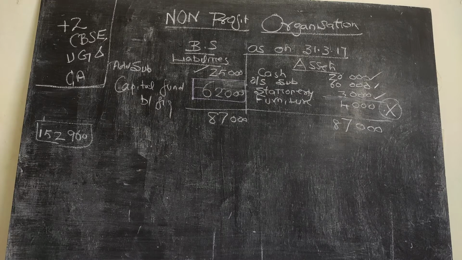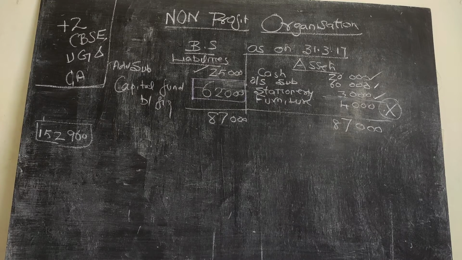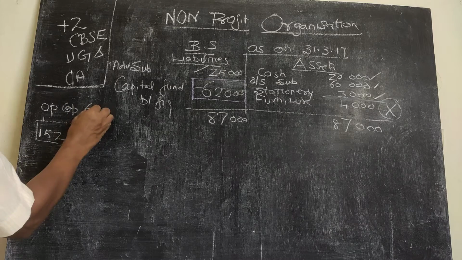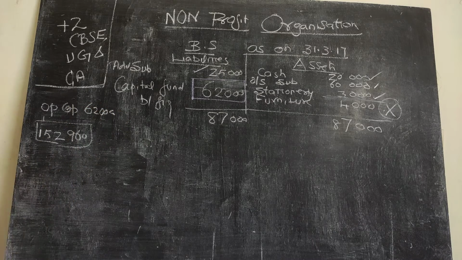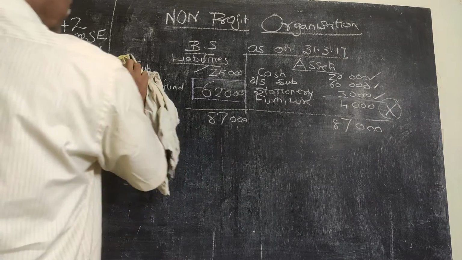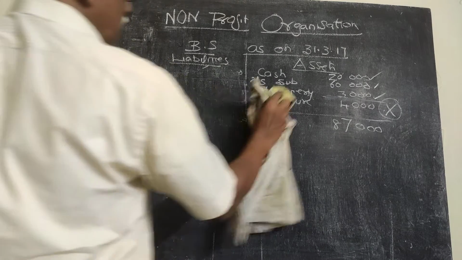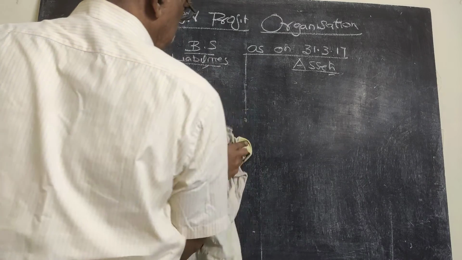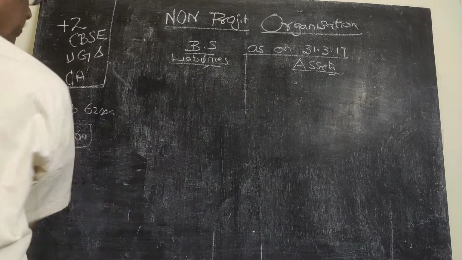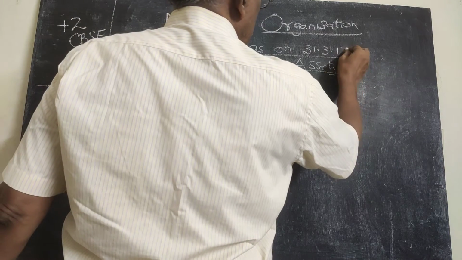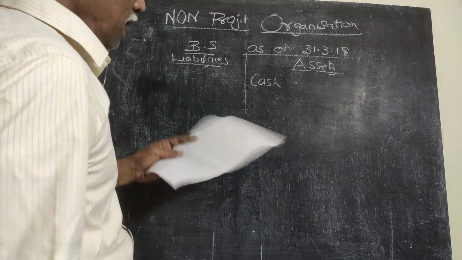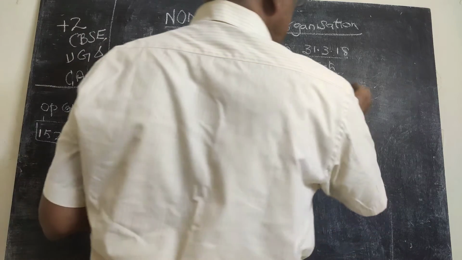Therefore, we can go for the balance sheet as on 31st March 2018. So, opening capital 62,000. Now, let me go for the balance sheet as on 31st March 2018. Cash. Closing balance in receipts and payments account.